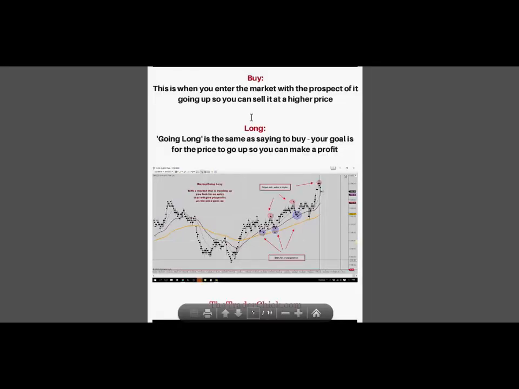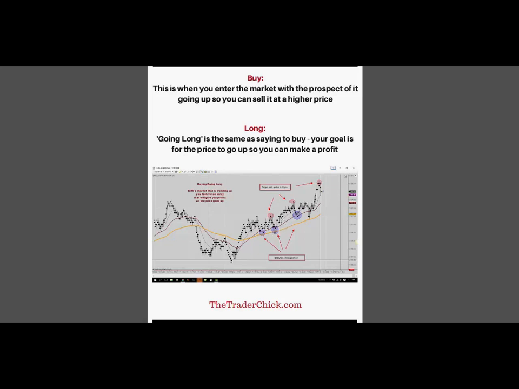Buy. What is a buy? A buy is when you are buying a position that is going to continue up. Long is the exact same word. You could say, I am buying to enter here. We all know right away that you want your profit to go higher than the price that you entered. Going long is identical.